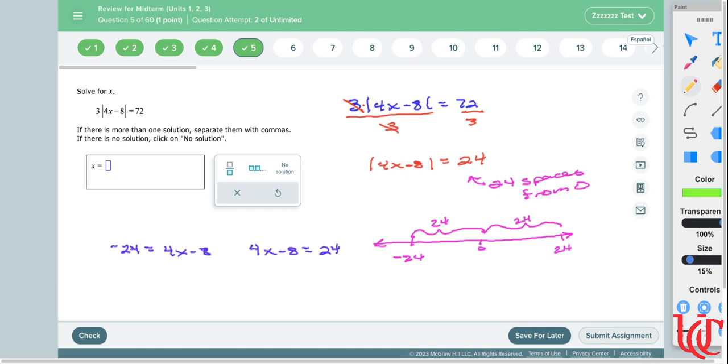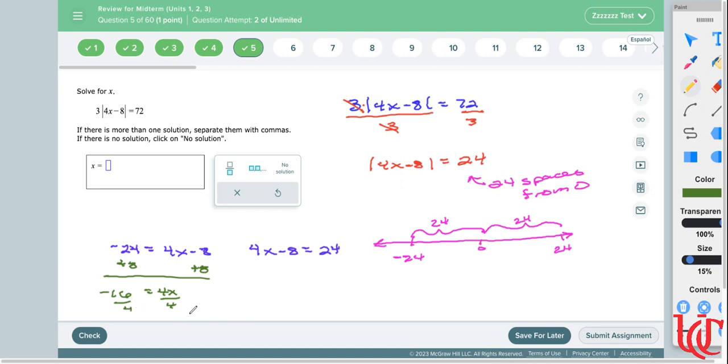And we will pick this color. So I'm going to get the x by itself. It really doesn't matter which side I'm on. So I'm going to add 8 to this. And then I have negative 16 equals 4x. Divide by 4.